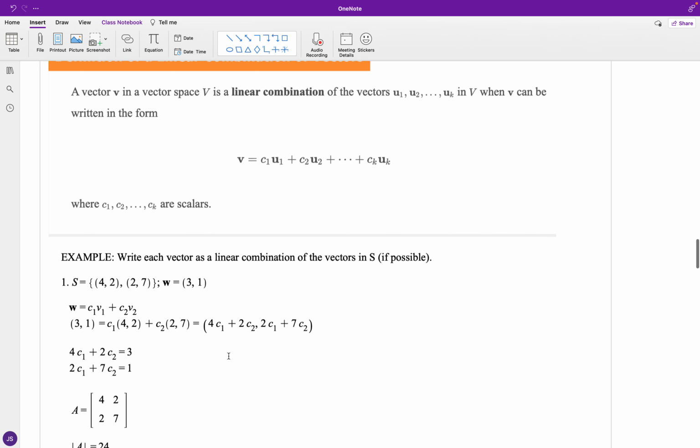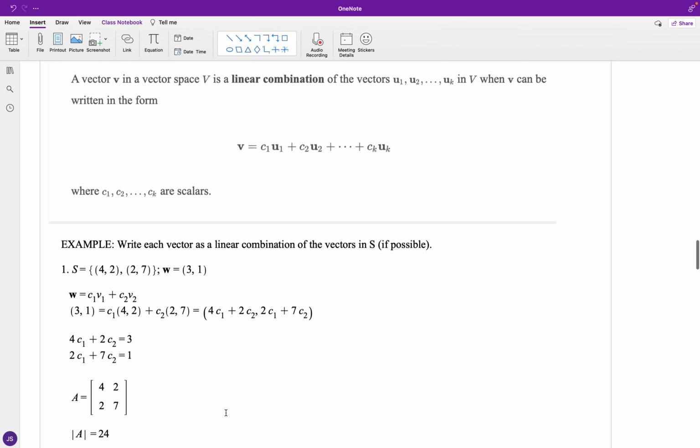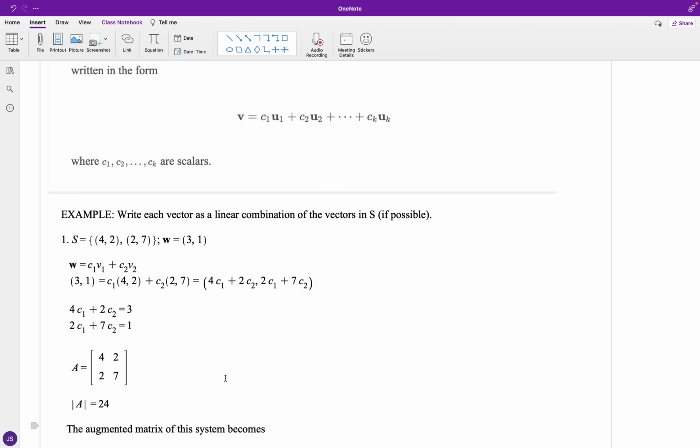So we've got 4c₁ plus 2c₂ is equal to 3, and 2c₁ plus 7c₂ is equal to 1. For this system of equations, the coefficient matrix has 4 and 2 in the top row, 2 and 7 in the bottom row, and the value of the determinant is 28 minus 4, which comes out to 24.